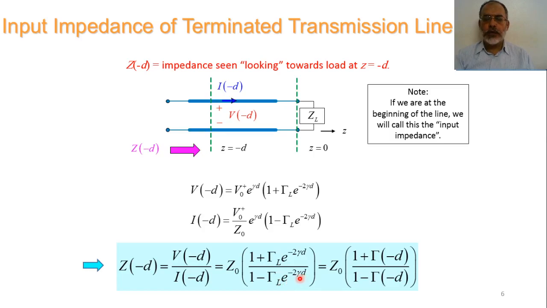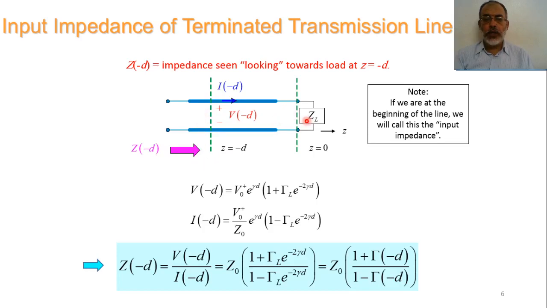Or in other words, if we define gamma at minus d as gamma L multiplied by e to the power minus 2 gamma d, it would be z naught times 1 plus gamma at z equal minus d over 1 minus gamma at z equal minus d. Okay? Alright. So this is the input impedance after a distance z equal d from the load.